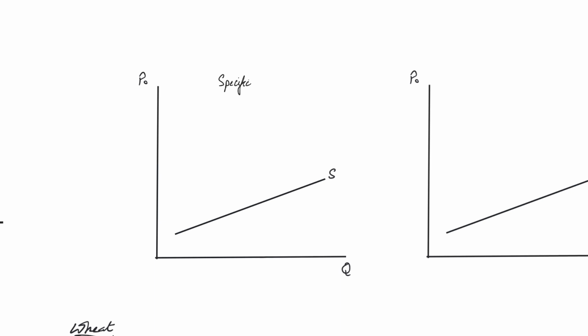A specific subsidy is basically a per unit subsidy which the producer of a specific good is getting. For example, in the milk industry, let's say the government asks the producer, how much would you sell 1 liter of milk for?